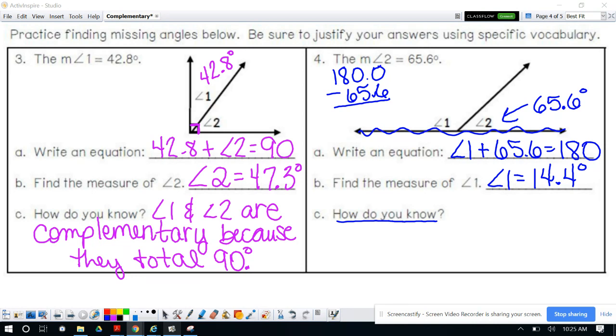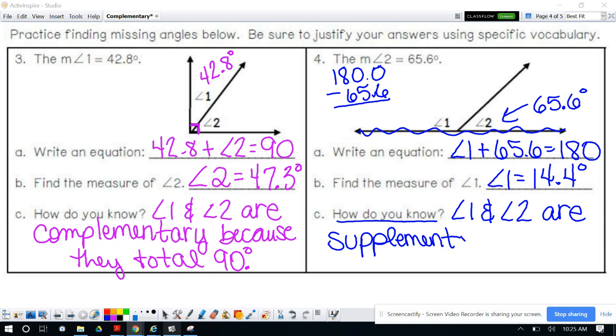We know that because angle 1 and angle 2 are supplementary, so their sum, or whatever you like on the wording, total 180 degrees.